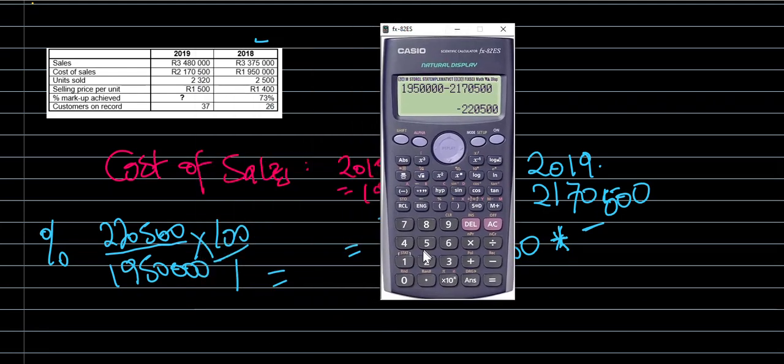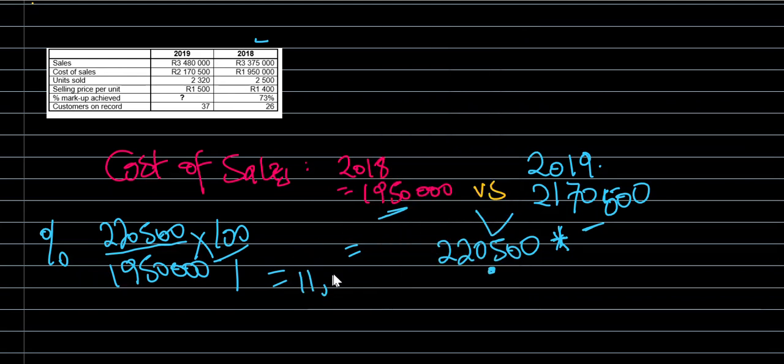The percentage is 11.3%. So the increase is 11.3% from last year. So the cost of sales rose by 11.3%. Thank you very much. Let's go to another figure again.